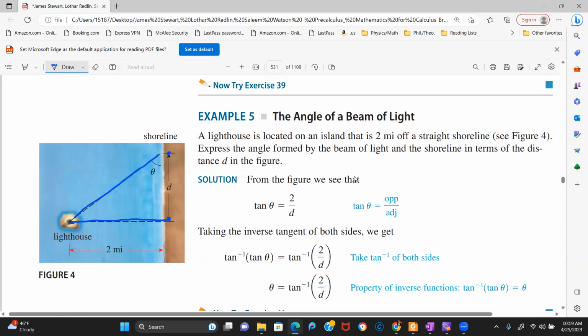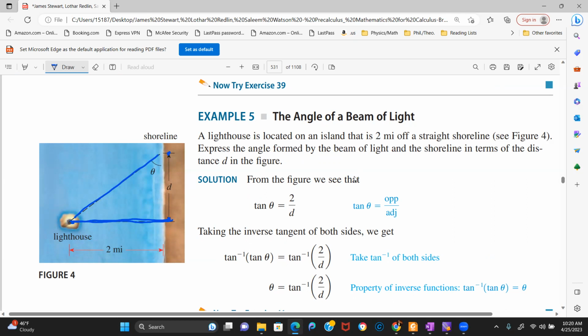And so we want to express the angle formed by the beam of light and the shoreline. So this is the line between the lighthouse and the shoreline, and that light is going to form some angle. We don't know the hypotenuse, but we could work it out.